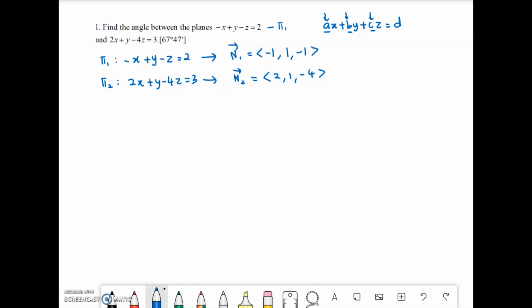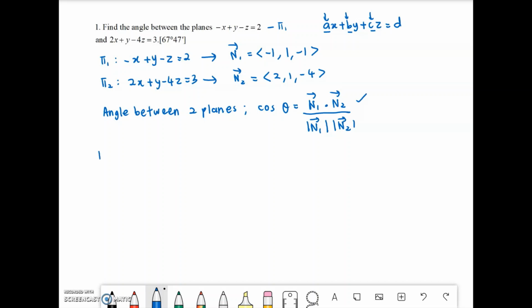What we need to do next is find the angle between the planes. We know that the formula for the angle between two planes is cos theta equals n1 dot n2 divided by the magnitude of n1 multiplied with the magnitude of normal vector 2.